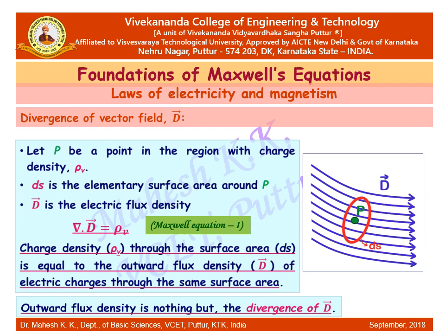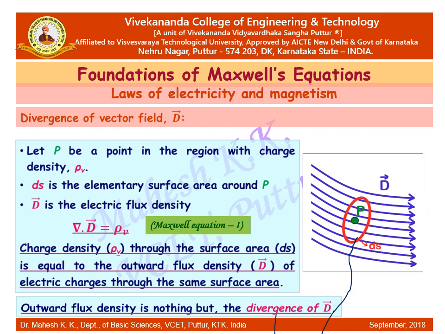Next, let us understand the divergence of the vector field D vector. Consider a point P in the figure, in a region with charge density rho v.